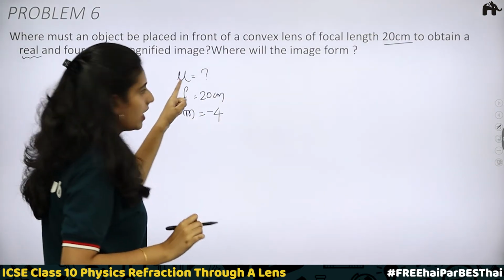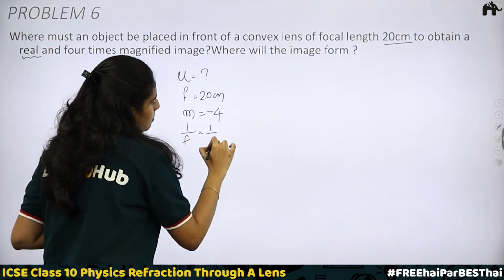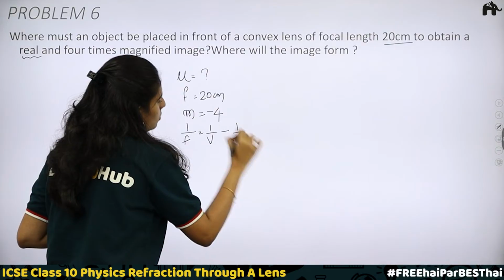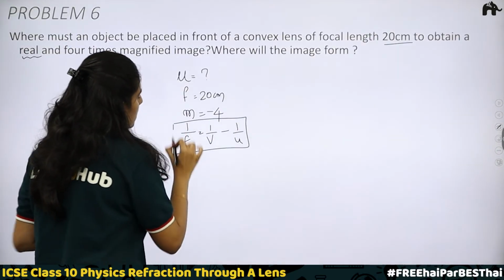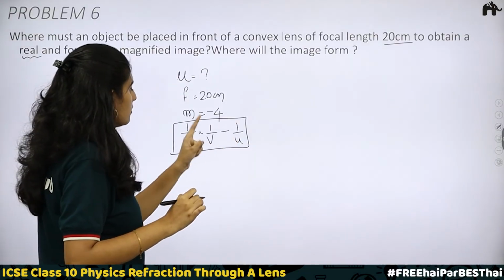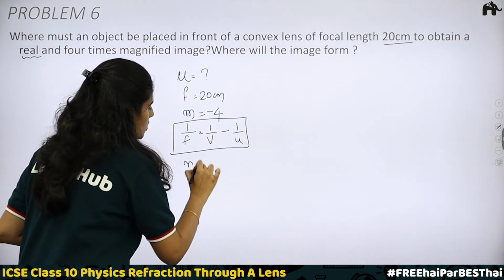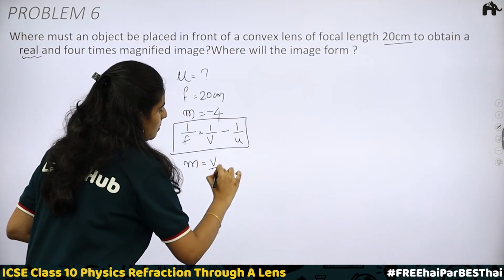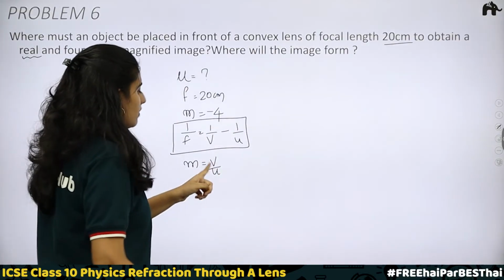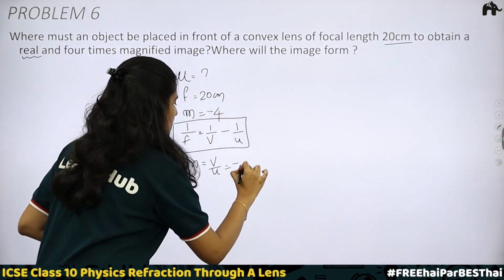Now, we have to find u. How to find u? We have 1 by f is equal to 1 by v minus 1 by u. We just know only the value of f. To find u, we need the value of v. We have magnification m is equal to v by u, which is minus 4.